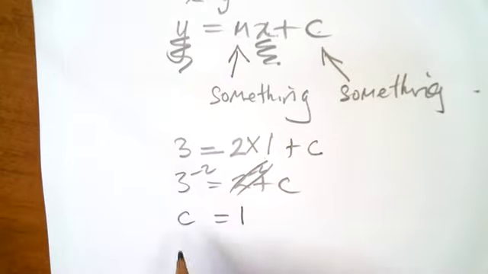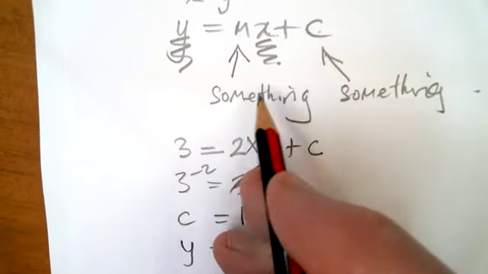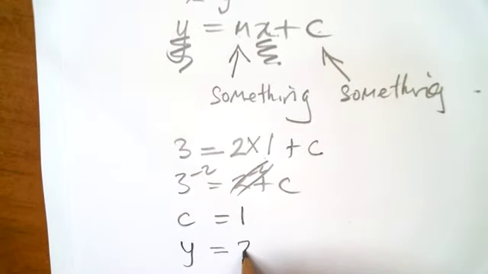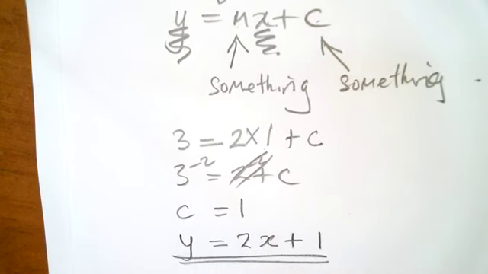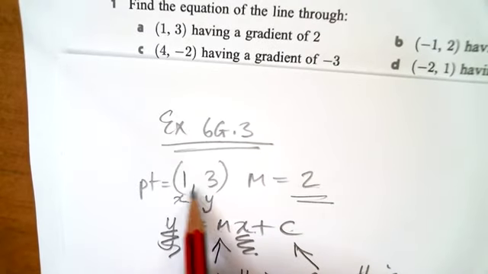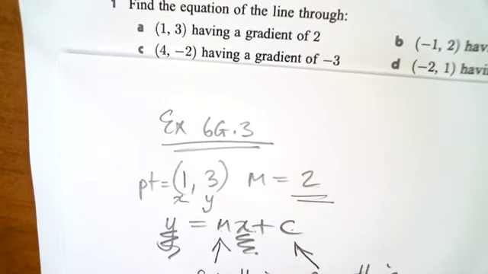So y is equal to 2, m was 2, x, plus, and we're going to put the c, which was 1. There it is, and there is our equation of the graph that passes through 1, comma 3 with a gradient of 2.